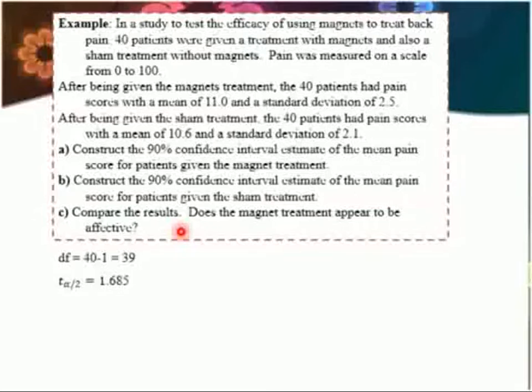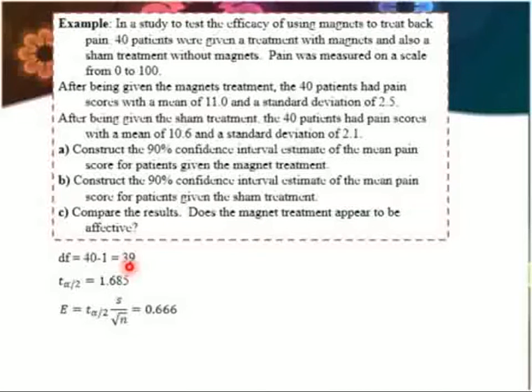The next thing we'll do is calculate the critical t-value. We're calculating a 90% confidence interval estimate of the mean pain score. So 90% means that there's 0.1 in two tails. So go to your t-chart and see in the 0.1 in two tails column, can you find 1.685 at the 39 degrees of freedom row?